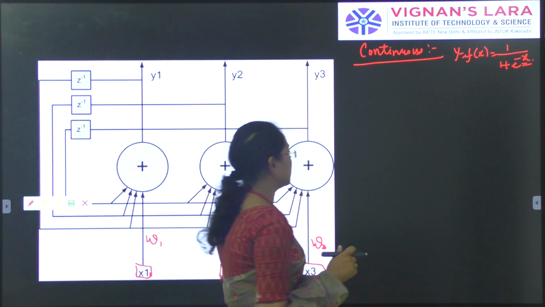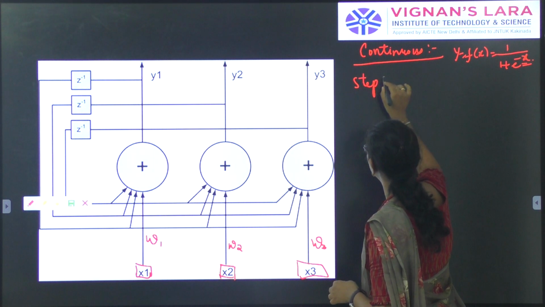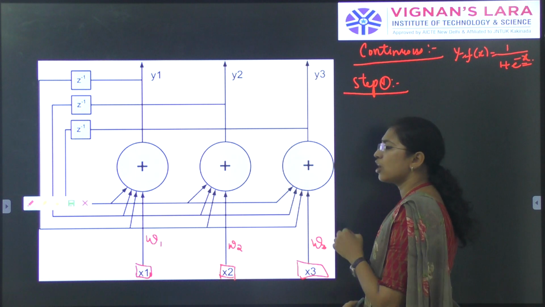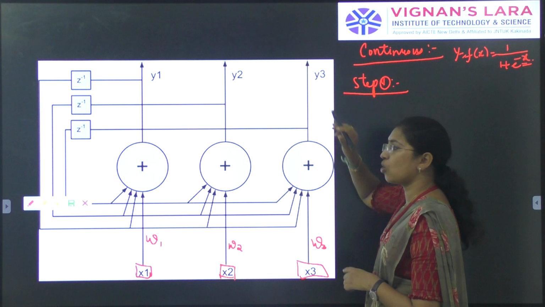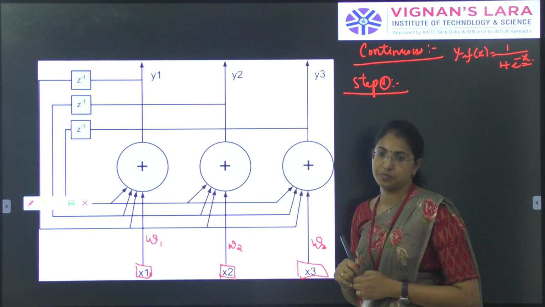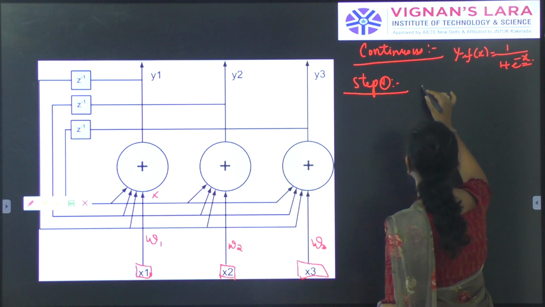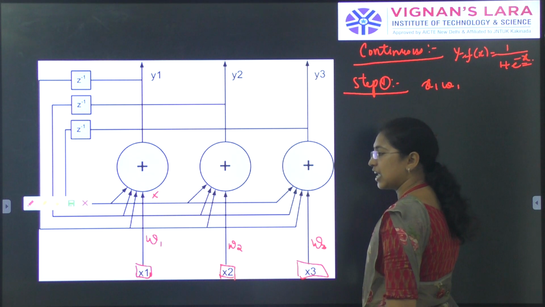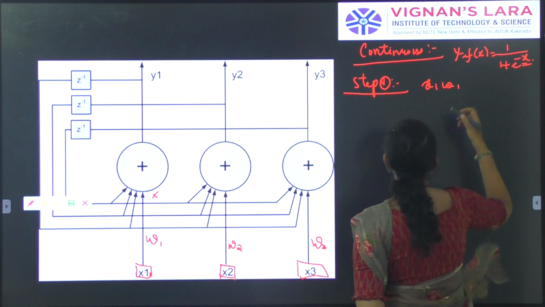Let it be step 1. At step 1, your outputs are nearly 0, so feedbacks are not present. Only inputs are present in feed forward direction. So at first input, you only have x1, w1. Let us consider bias is 0. So only x1 w1 is your x net.